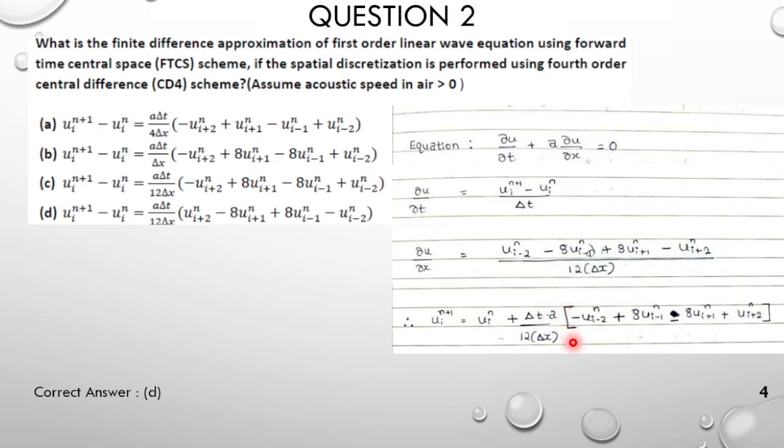Why we are getting a negative sign is because here we have a positive sign on our LHS. When it goes into the RHS side, it becomes negative. So although I am getting u at i-2 coming out to be positive, since it goes into the RHS, it becomes negative. So that is why option D should be the correct answer.